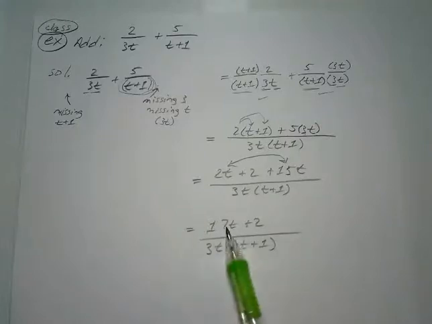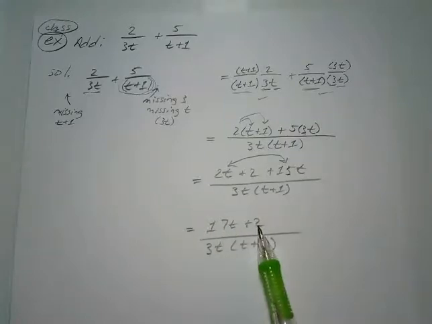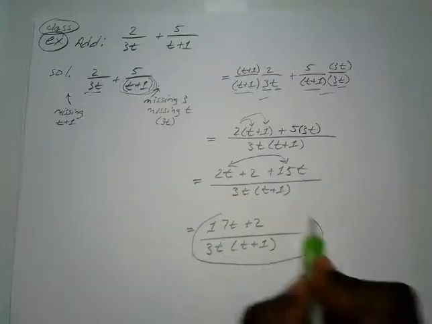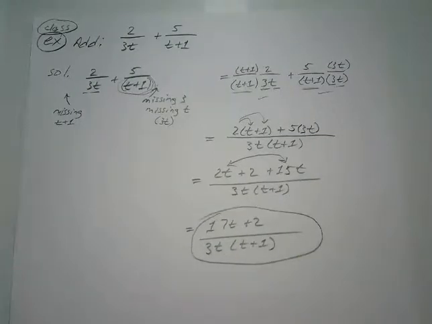Okay, so there's nothing we can factor out of those two terms in our numerator, and nothing cancels out, so that would be our final answer. All right. Okay, so let's go to our next example.